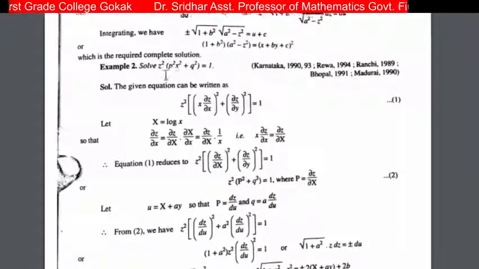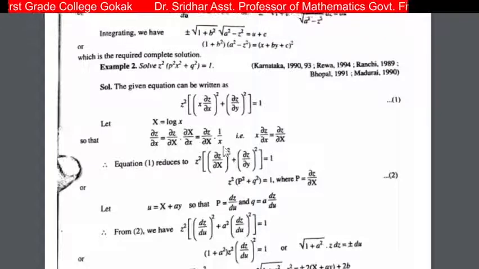So this is not in a standard form, and for that we make a substitution. This equation can be written as z square, writing the p value, p is dou z by dou x, so x dou z by dou x whole square, plus q, which is dou z by dou y, whole square, equal to 1.